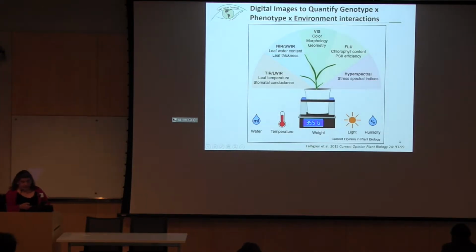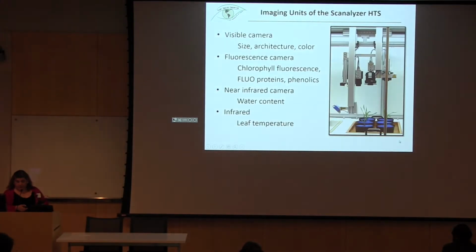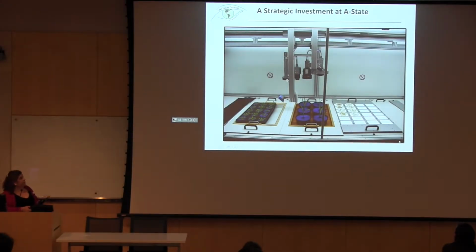To do that, we are convinced, and I believe Todd's talk already showed us, digital phenotyping is a very powerful tool because you go beyond the resolution of the human eye to really extract all of this important information out of these images. So let me discuss the platform.